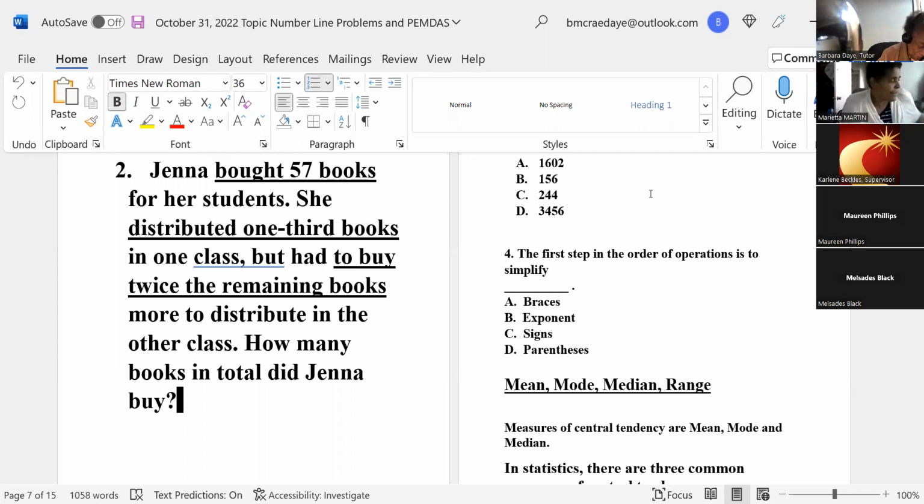Total amount of books in all, 93. I can be wrong. Oh no, I'm making a mistake with the answer. I have 54 instead of 57. Oh, I have to do it all over. I'm sorry, I just realized.